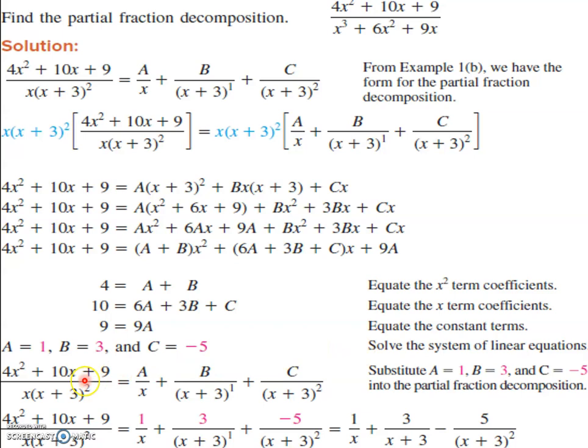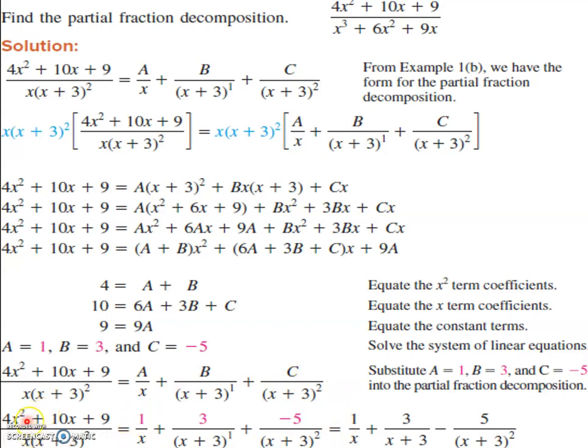Next one, we have to put the value of a equal to 1, b equal to 3 and c equal to minus 5 in equation 1. So we derive A/x + B/(x + 1)... C/(x + 3)². Then we put the values a equal to 1, b equal to 3 and c equal to minus 5 in this equation.